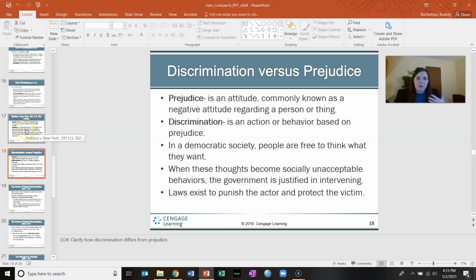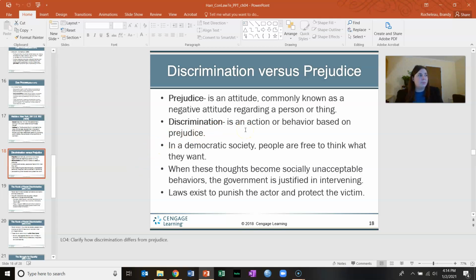Now, 14th Amendment jurisprudence is very rooted in equality, which makes sense given the Equal Protection Clause contained within it. So, some definitions before we dive through. Prejudice is an attitude, usually a negative attitude regarding a person or thing.